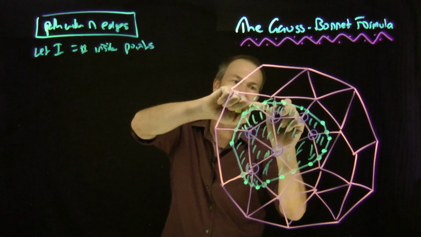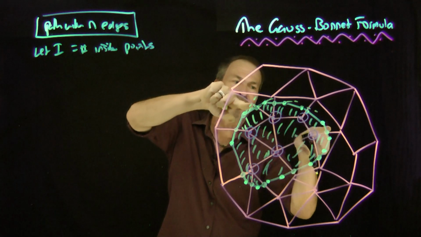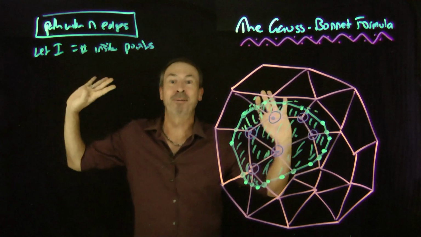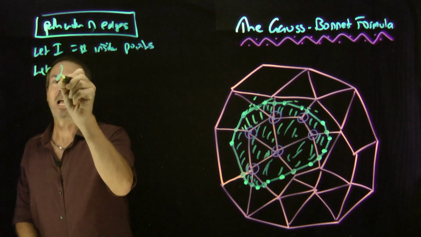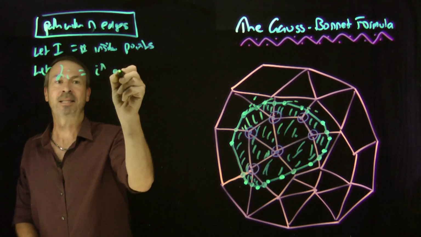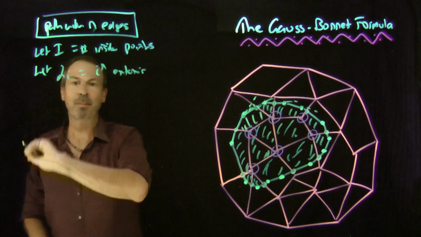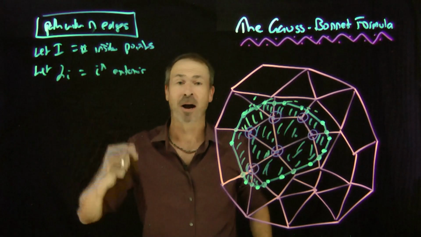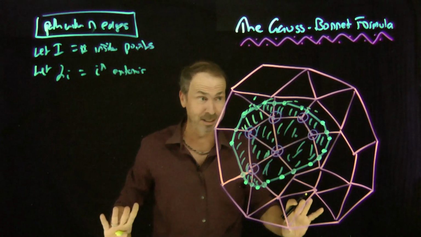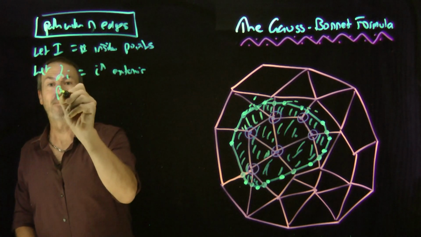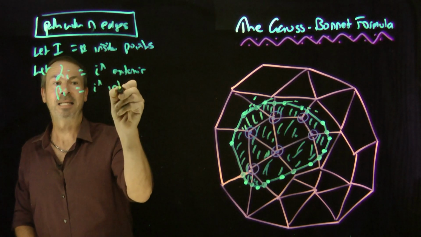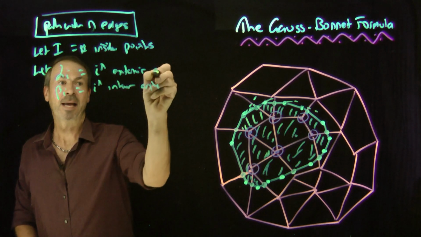Some of them are 0, but let alpha 1, alpha 2, alpha 3, alpha 4, and so on up to alpha n, because there's going to be n of them. Let alpha i equal the ith exterior angle. We want the sum of the exterior angles, and then divide by 360, and that'll be the total bendiness. But with each exterior angle, there's an interior angle. So let beta i be the ith interior angle.